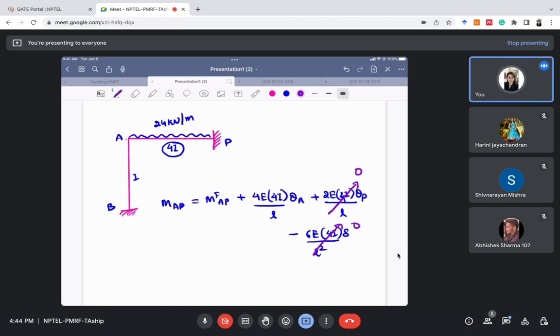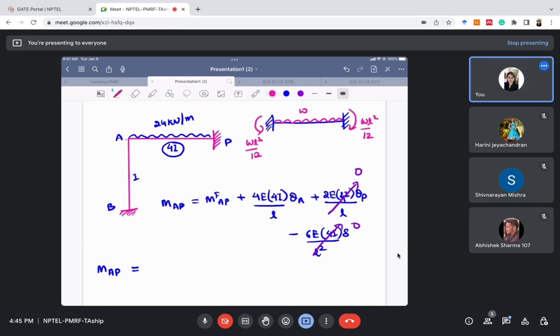So let me write it. Now MAP will be equal to MFAP, the fixed end moment. This is another table which you have to remember. Whenever there's a UDL, we calculate the fixed end moments as WL square by 12 at both ends. I'm taking clockwise as positive.